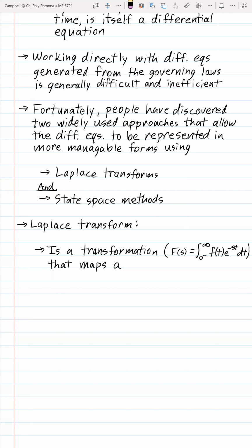And for us, when we're looking at what's happening from an engineering perspective, though sometimes we might be interested in transforming a spatial function, we're really going to be much more interested in the transform of temporal functions, so functions of time. So I'm just going to go ahead and run with that particular predisposition that we have as engineers, that we're talking about time domain functions.